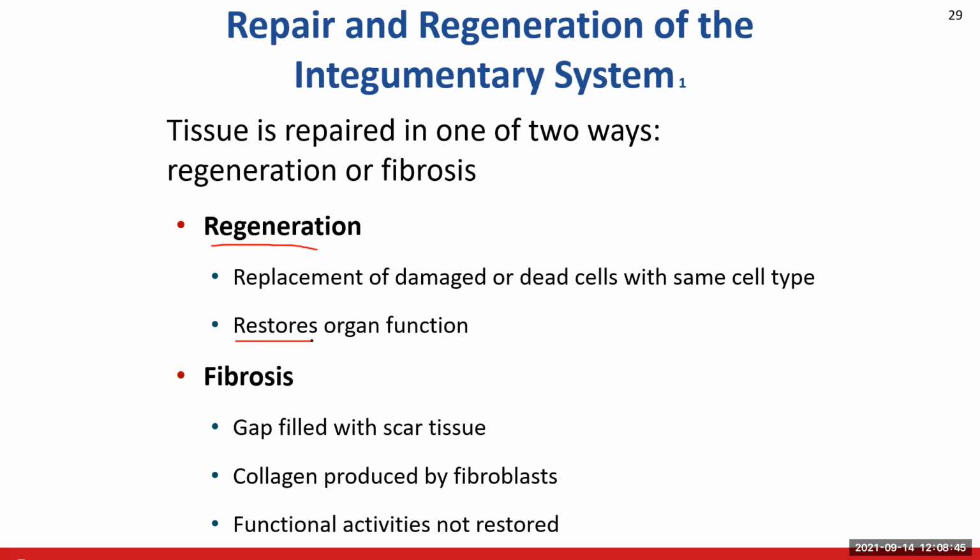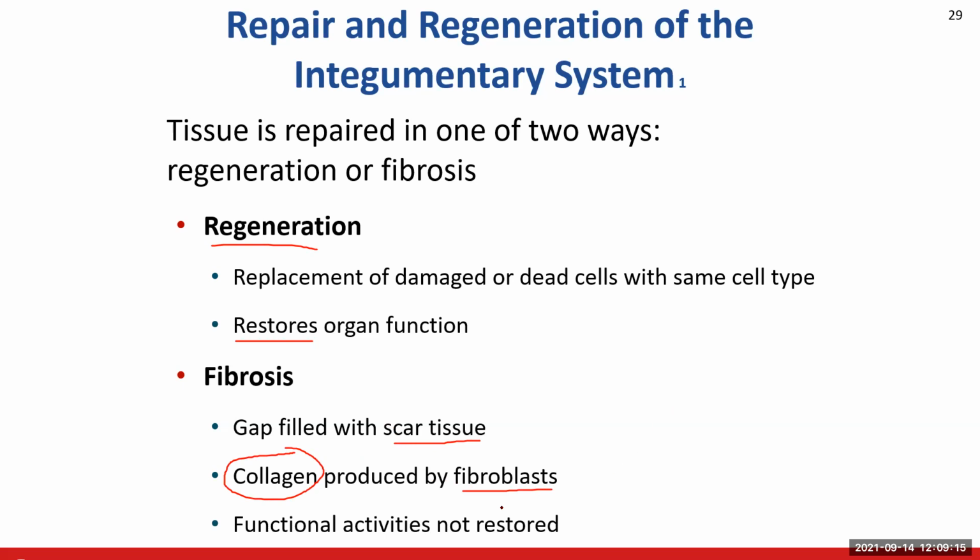All right, but with fibrosis, unfortunately, that does not happen. Okay, damaged or dead cells will be replaced with scar tissue. What is scar tissue? Collagen. What cell makes that? The fibroblasts. Okay, so the fibroblasts come in, they lay down the collagen, and the area that was damaged or where the cells were dead is replaced with collagen.